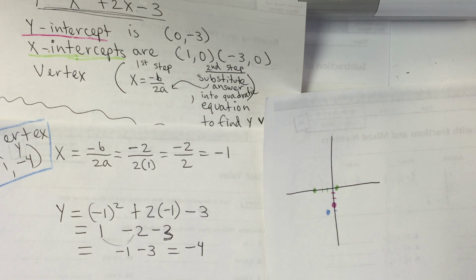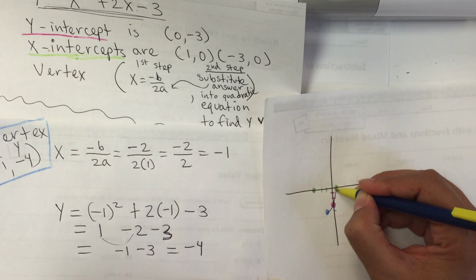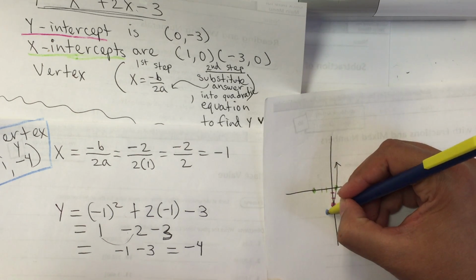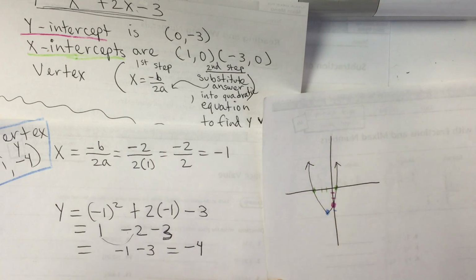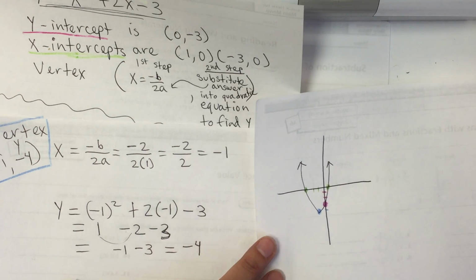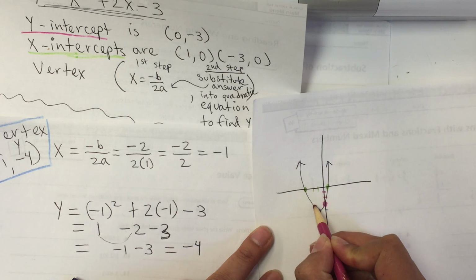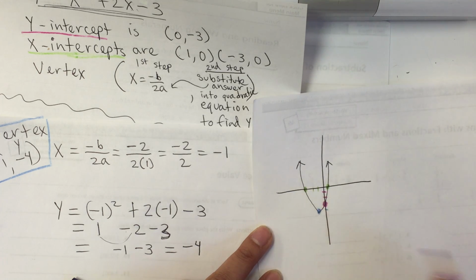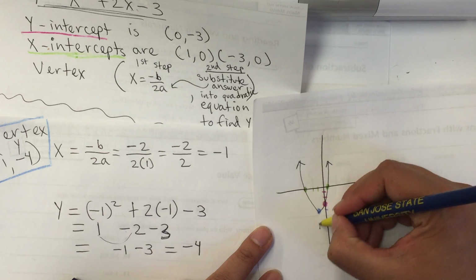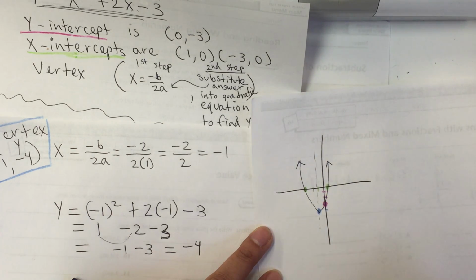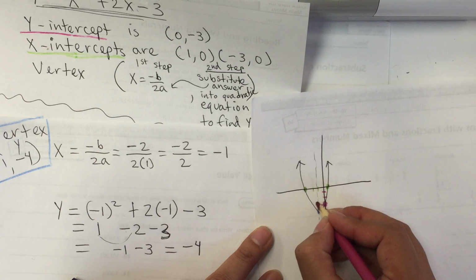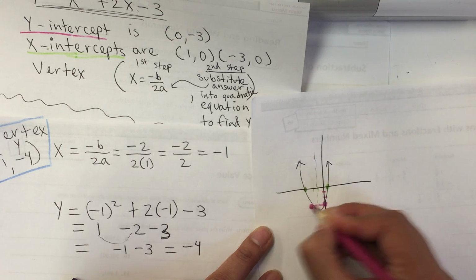I also told you before that my parabola opens in both directions, but there is one other point that I can figure out from this information, and that will be this point right here, which should be at the same distance as this one right here.